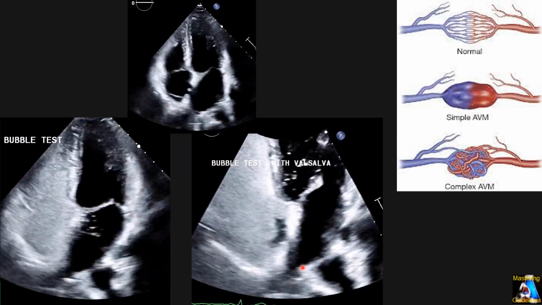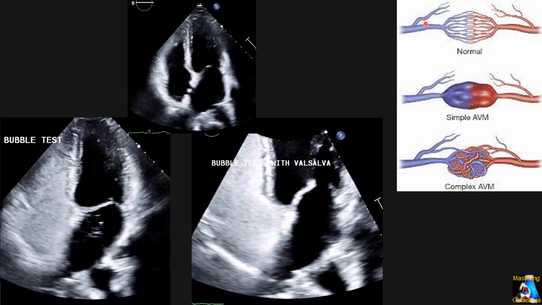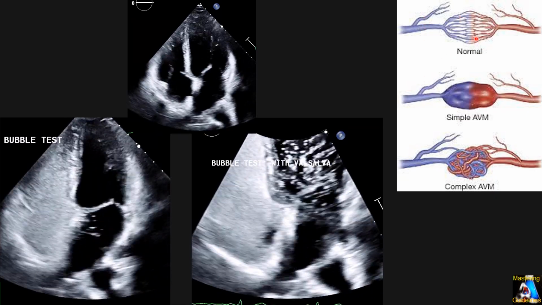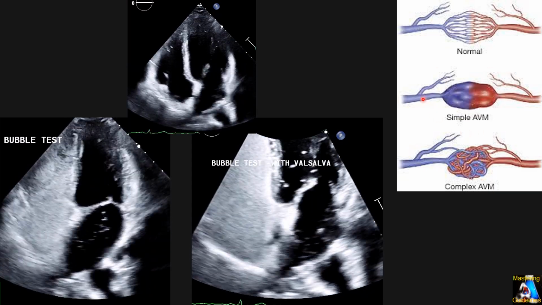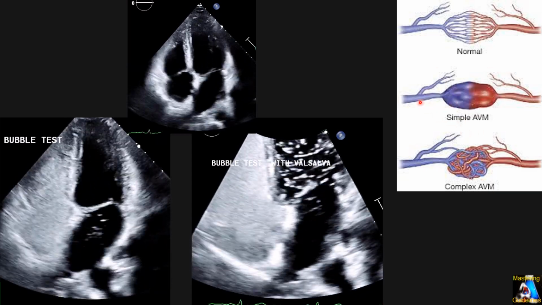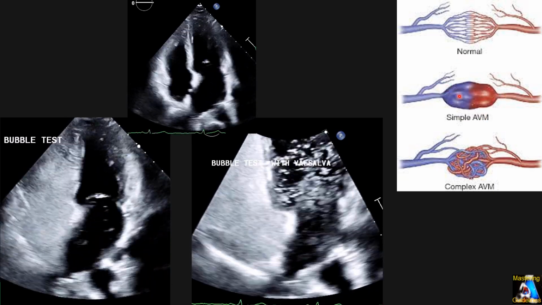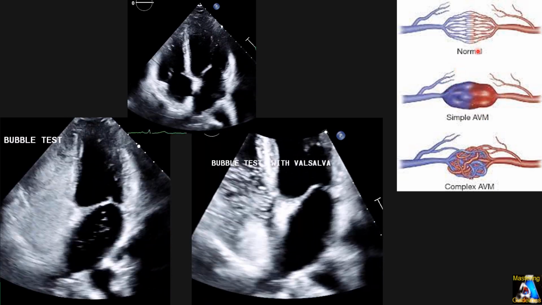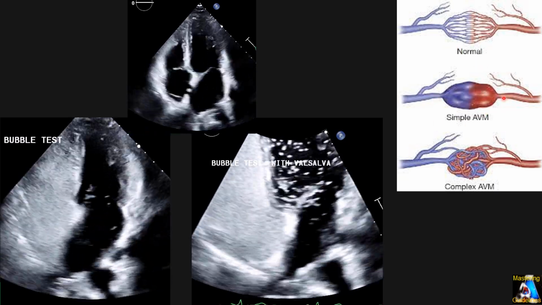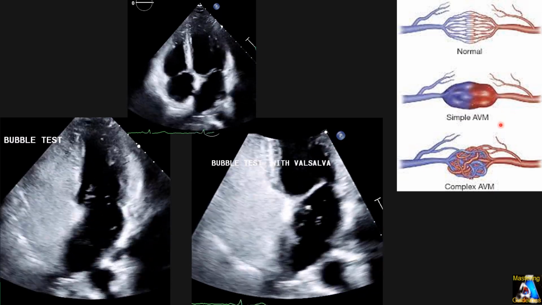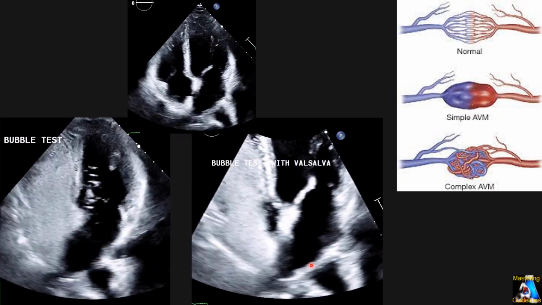So in this patient, when we inject the IV bubble test into the vein, it goes directly, instead of going through the capillaries where the bubbles would be taken out. In the AV malformation, we have a connection directly from the venous to the arterial side. So the bubbles cannot be absorbed by the alveoli and lung. So they go directly to the pulmonary vein and then show up here, at the pulmonary vein entrance to the left atrium.